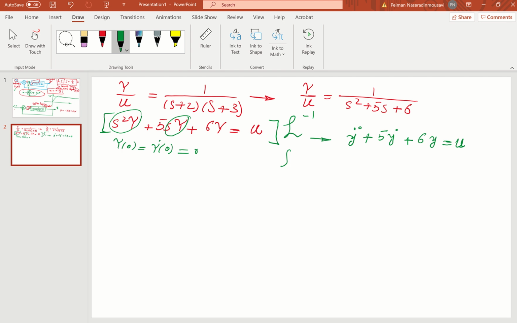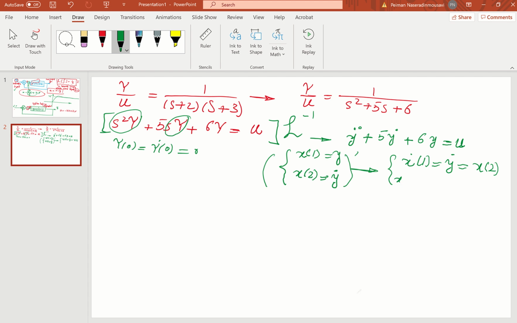So now go to state space. Analytically you say x1 is y and x2 is y dot. Taking the time derivative of both sides, you get x dot 1 equal to y dot, which is x2.